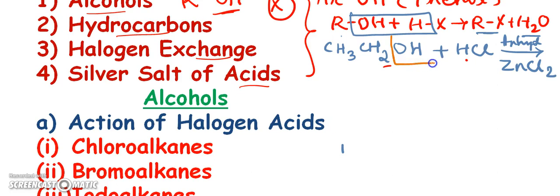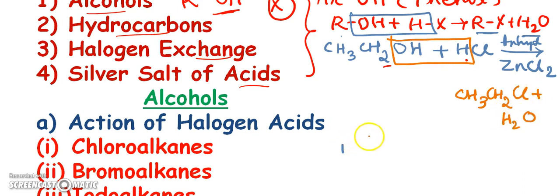This OH and H are going to combine and you are going to get CH3CH2Cl plus the water molecule. Fine. So you have prepared here chloroethane. What is this molecule? Chloroethane.